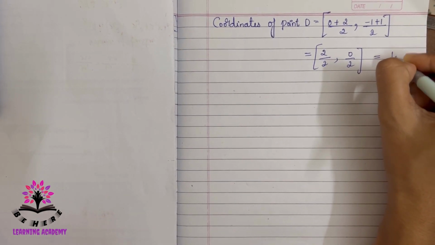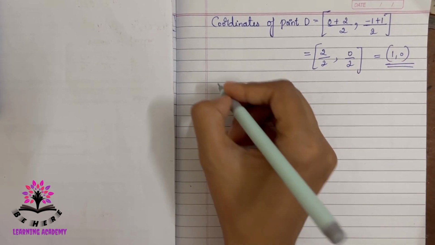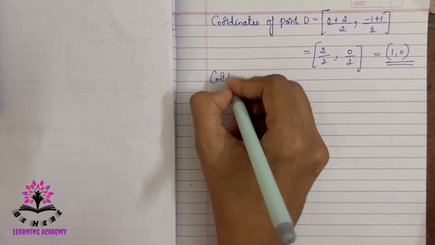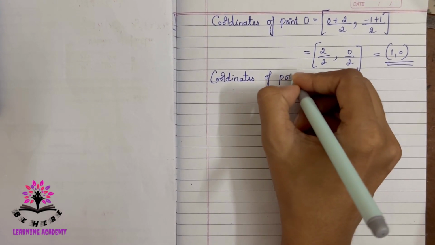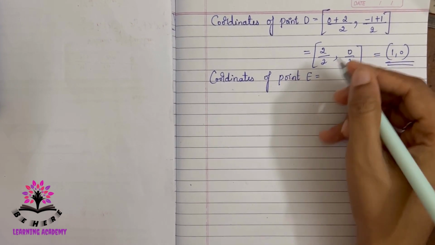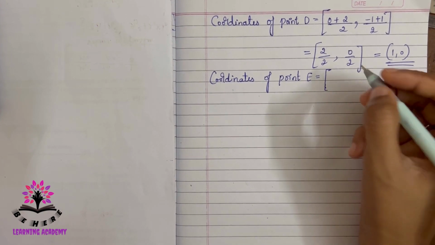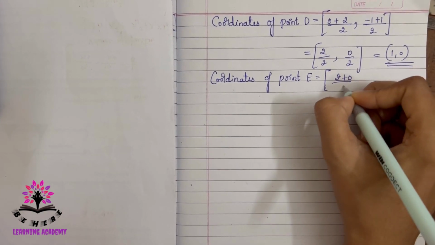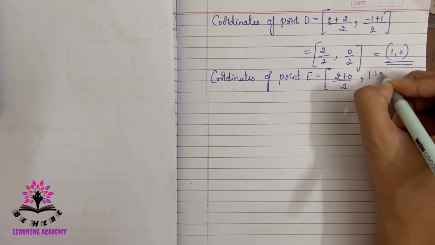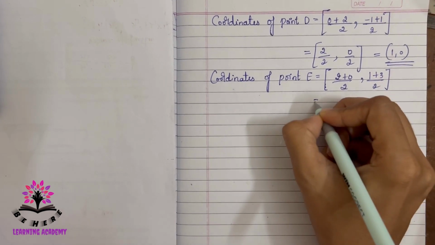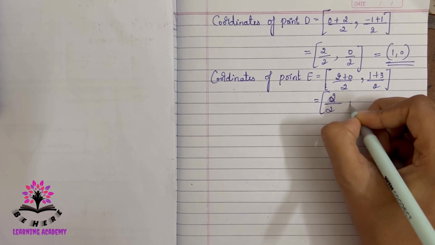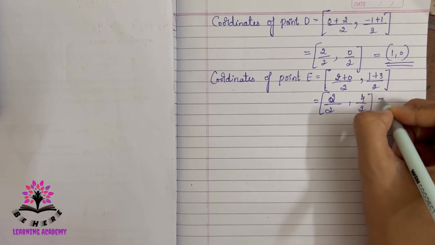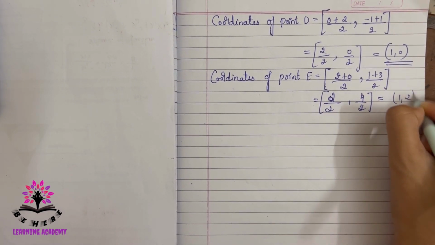That will be equal to 1, comma 0. Now the coordinates of point E will be equal to, again applying the midpoint formula, (2 plus 0) by 2, comma (1 plus 3) by 2. That is equal to 2 by 2, comma 4 by 2. That is nothing but 1, comma 2.